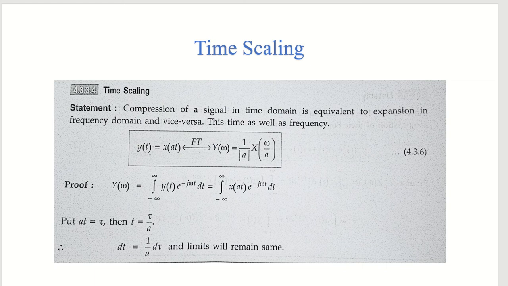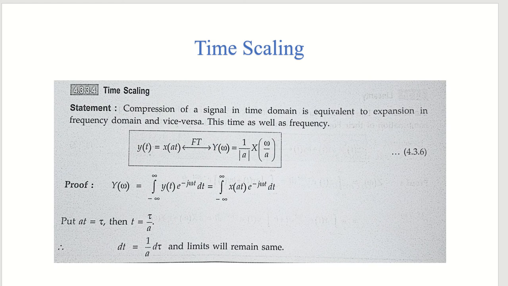Now how will it be? Let's see. You are taking the Fourier transform of your signal again, so you will get the integral from minus infinity to infinity of x of a t e raised to minus j omega t dt. Now instead of a t you will use tau, and instead of t you will get tau by a.